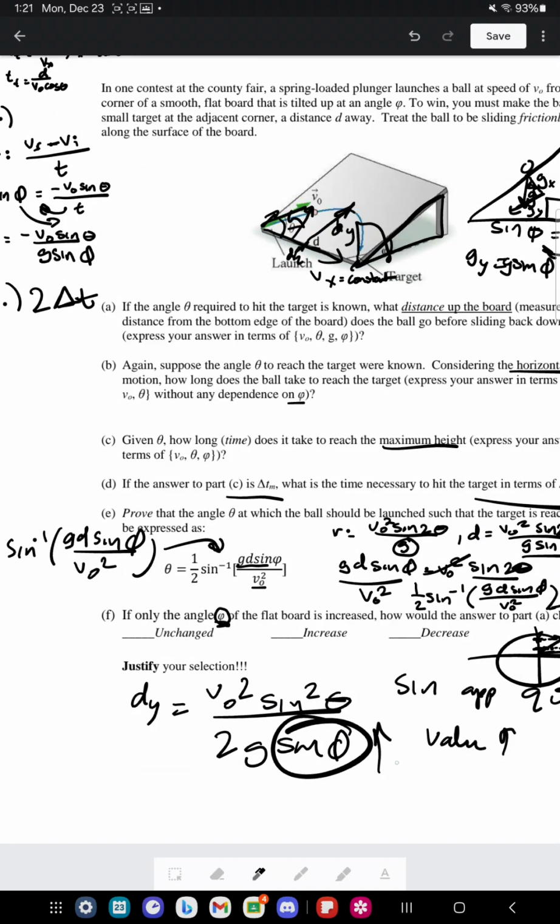As this increases, and it's at the bottom of the fraction, therefore dy is going to decrease.